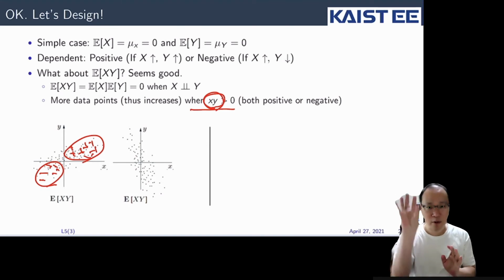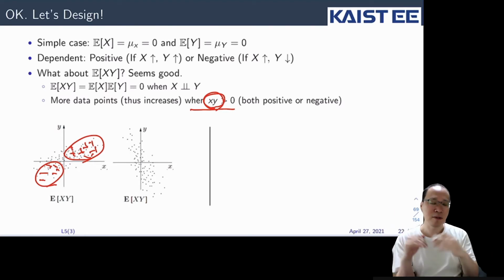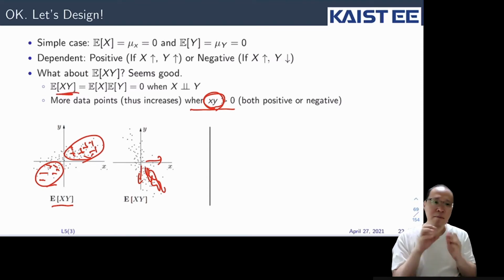So whenever x goes down, then y also tends to have small values. Then the metric should have large values, and the expectation of xy also satisfies that. The other way around, x goes up, but y goes down, then this expectation of xy may have small values.